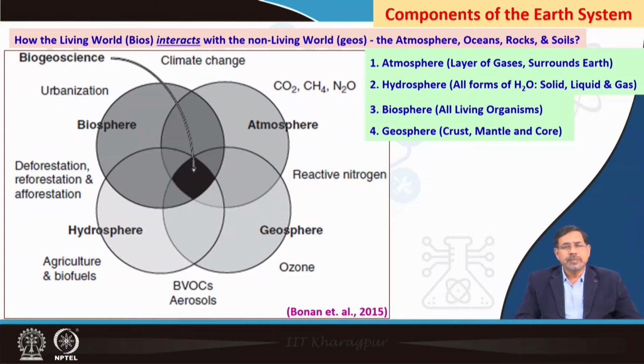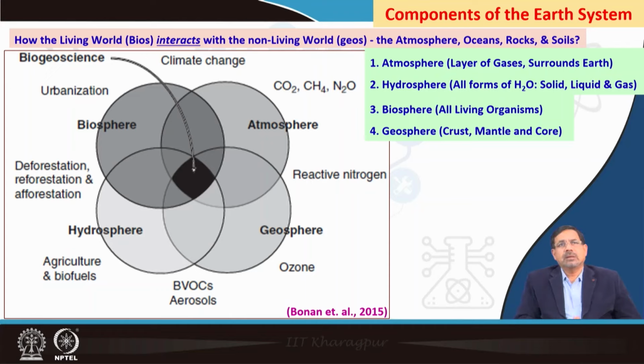As we already know, bio for biological systems, atmosphere for atmospheric phenomena, hydro for water related things, and geo for the earth or earth science, particularly the geological features. And the various phenomena which dominantly regulate, operate or impact these 4 spheres are mentioned here.